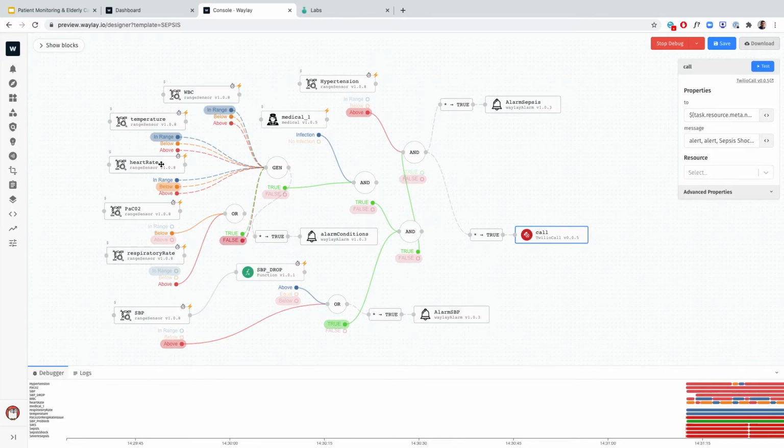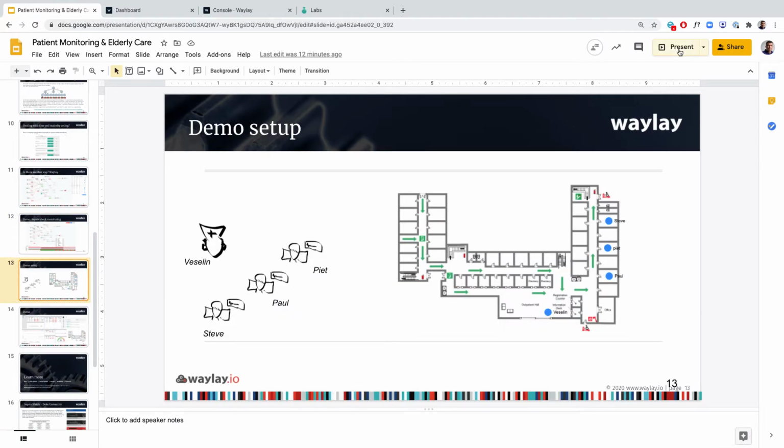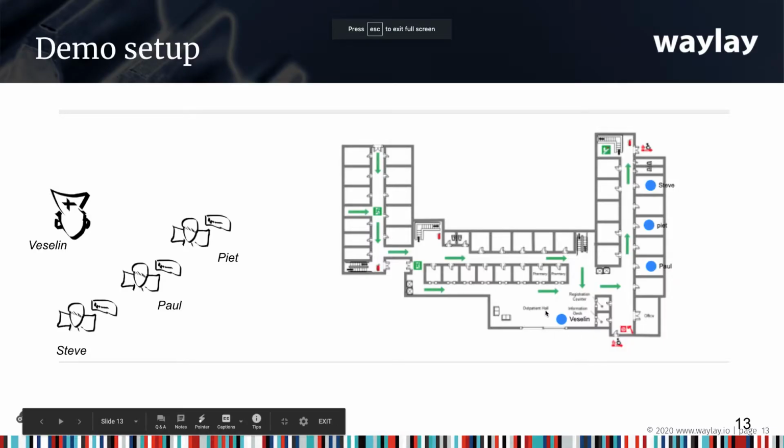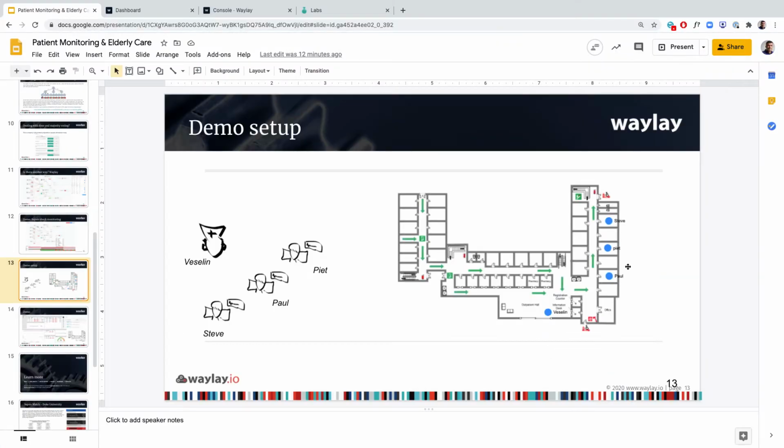And once we understand and start trusting this use case, we can try to apply it for all patients in the hospital. In order to do that, I will demonstrate with another example. Now imagine that I am a nurse in the hospital, sitting on the floor and having 3 patients, Pete, Steve, and Paul, who are being monitored.